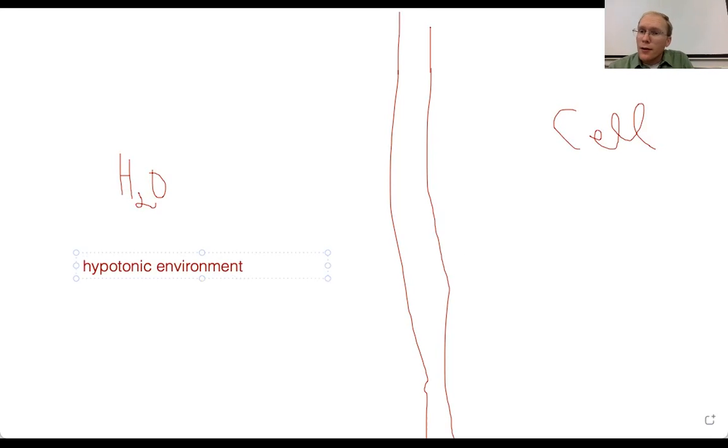Well, it might sound like a good thing to surround your cell with water, but what you're actually doing by surrounding your cell with pure water is introducing a pressure gradient. Just like when you shook that soda can and it created pressure so that when it opened it burst, it created all that energy.